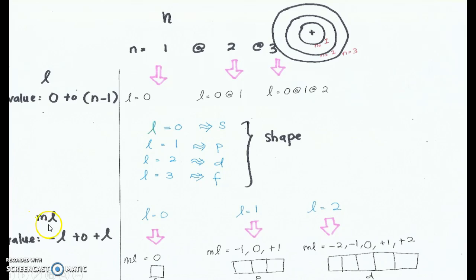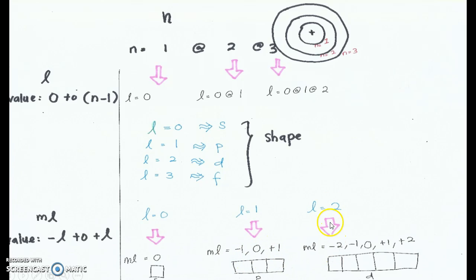By the way, ml basically shows you the orbital diagram. If ml is 0, there is only one value, so you have only one box. If we have 3 values here, negative 1, 0, and plus 1, so we have 3 boxes.